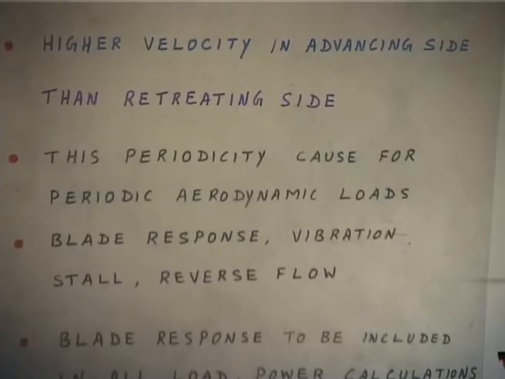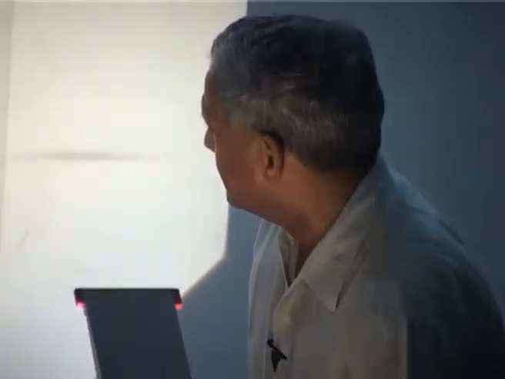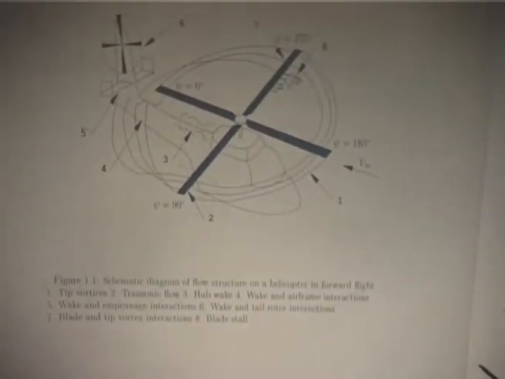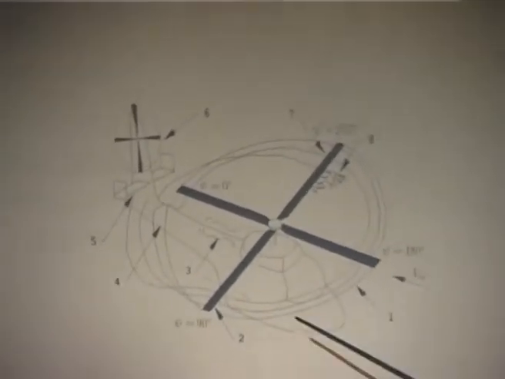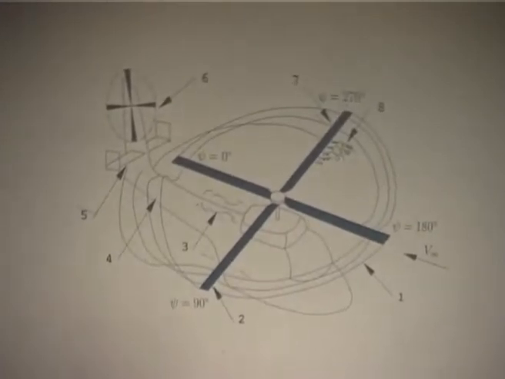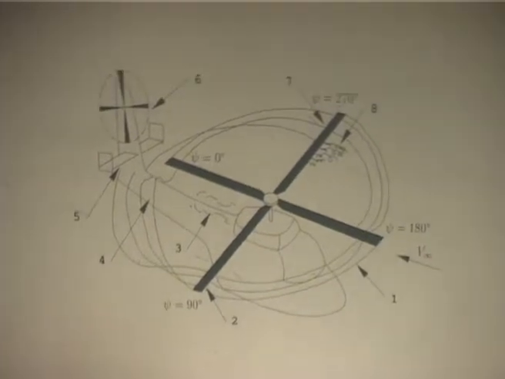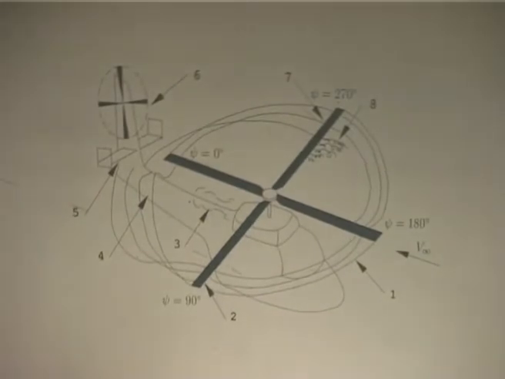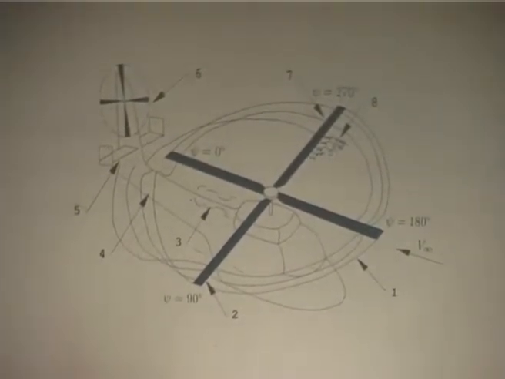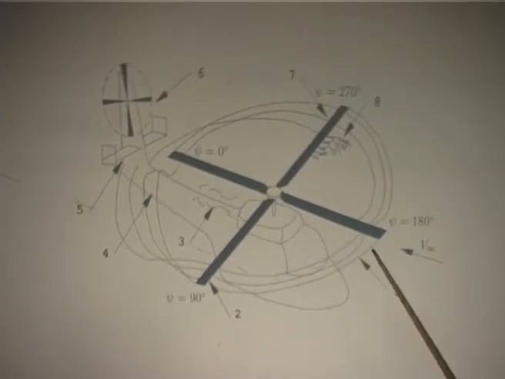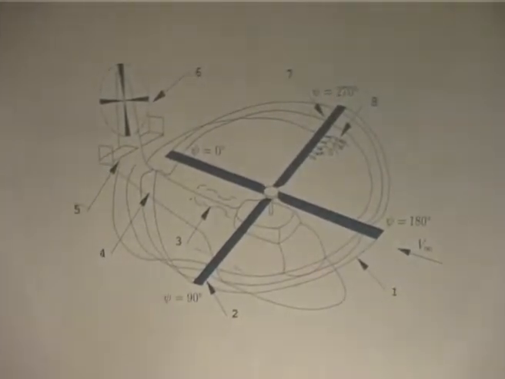So, I will show the next thing. What is the general flow? The picture is okay, right? I just put what all I said as a blade schematic diagram of the flow structure of a helicopter in forward flight. The blade will start giving vortices, because vortices are basically disturbance. You know, the lift, you have a vortex coming out, and then they will hit the blade which is coming behind.